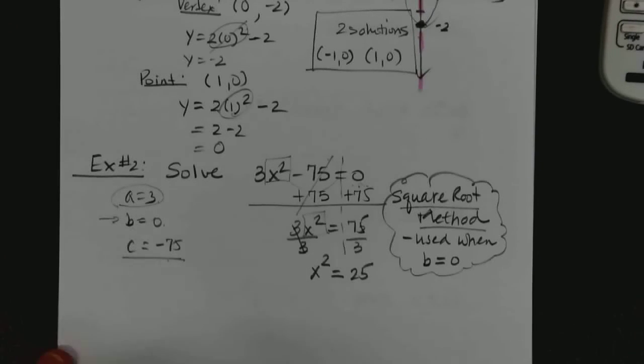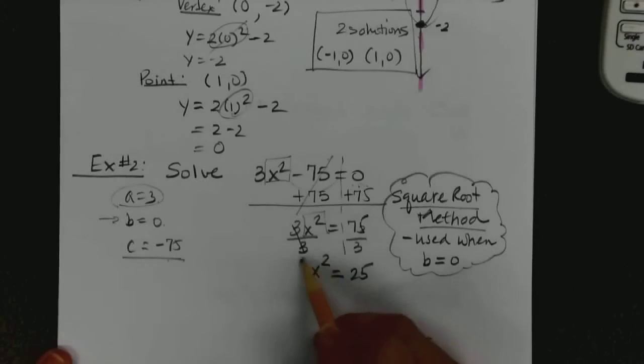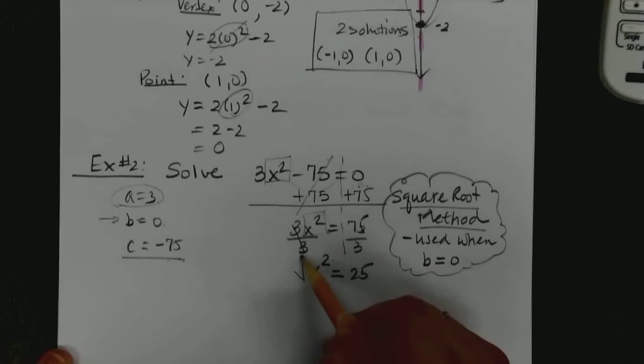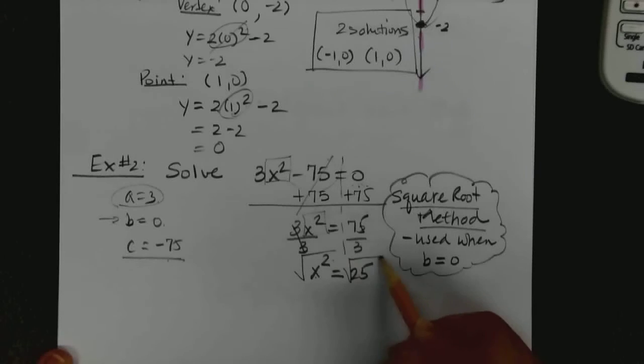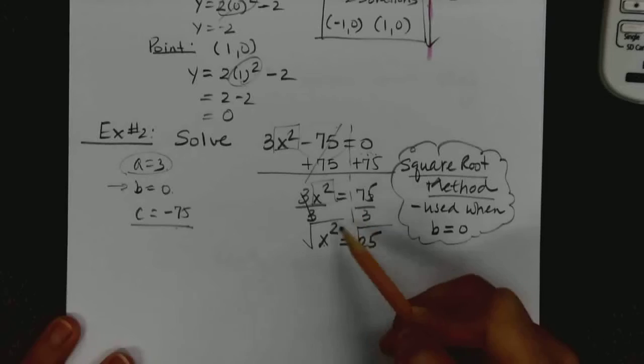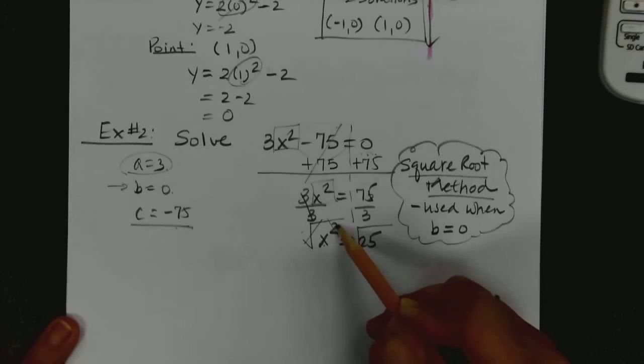I want to know what number or numbers could be squared to get 25. Remember, the opposite of squaring is called square root. So we physically put that little radical there and square root both sides. Square root and square are opposites, so they cancel out.